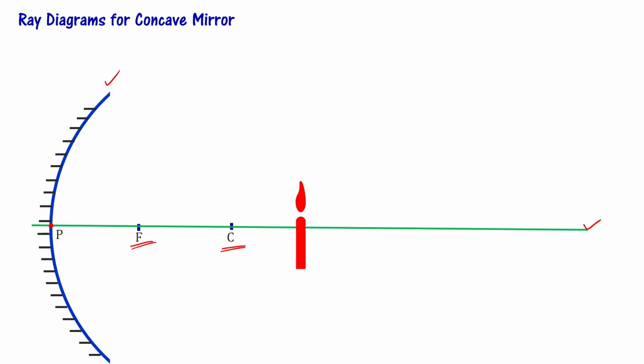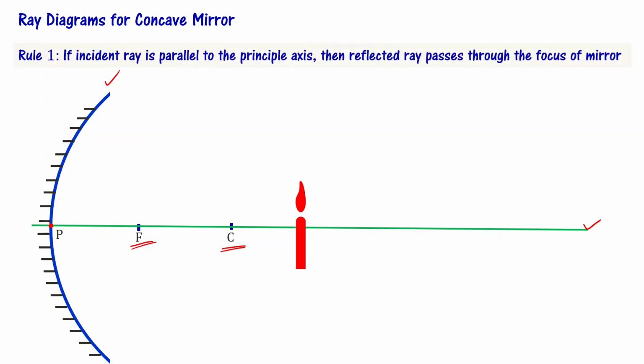For that, what I'm going to do is, first, rule number 1, it says that if incident ray is parallel to the principal axis, then the reflected ray is going to pass through the focus of the mirror. So what I'm going to do is, let me call this as AB. This tip is called A, right? I want to represent this tip in the image. For that, at least 2 rays I need, right?